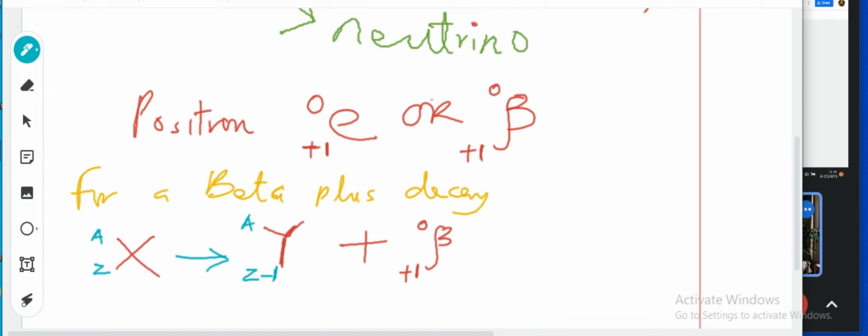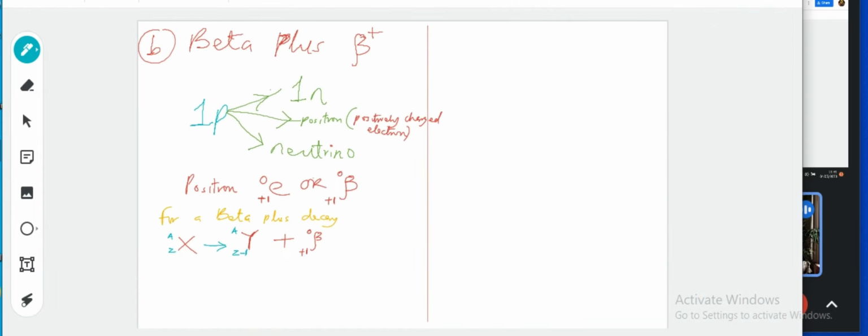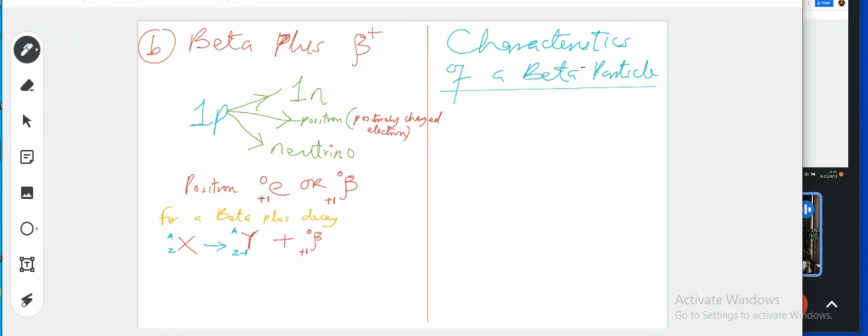So very quickly, because we need to cap this, what are the characteristics of a beta particle? Generally, a beta particle, not just beta decay, both beta plus and beta minus. Let me concentrate on beta minus because it's the most common one. Number 1, it is negatively charged, because it's an electron with a charge of minus 1.